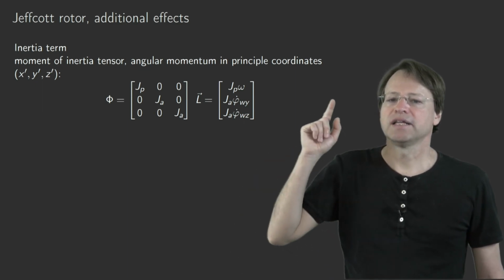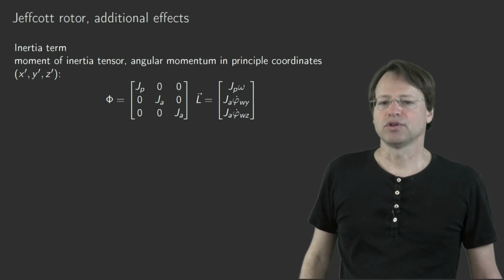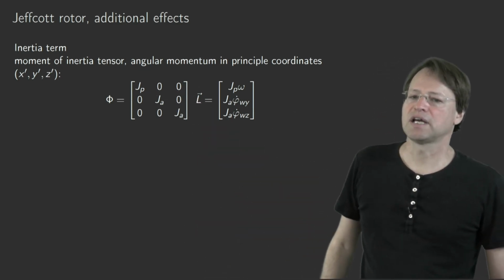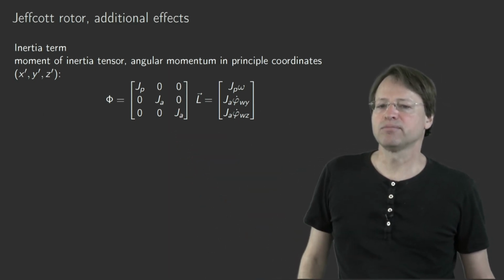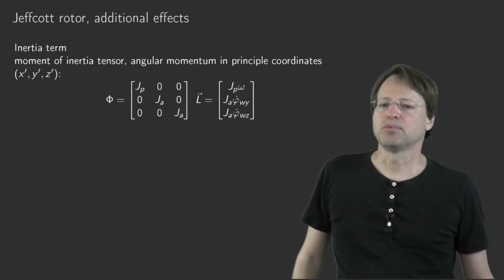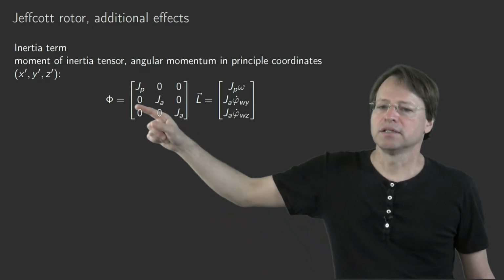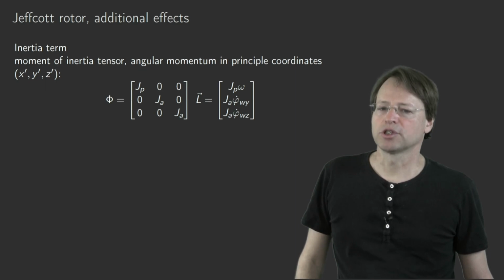So represented in the principal coordinates of that mass moment of inertia tensor, we will find 3 entries on the diagonal. 2 entries are the same, they represent the axial mass moment of inertia, and 1 entry is then the polar mass moment of inertia. This is then the equation for phi, for the mass moment of inertia tensor.